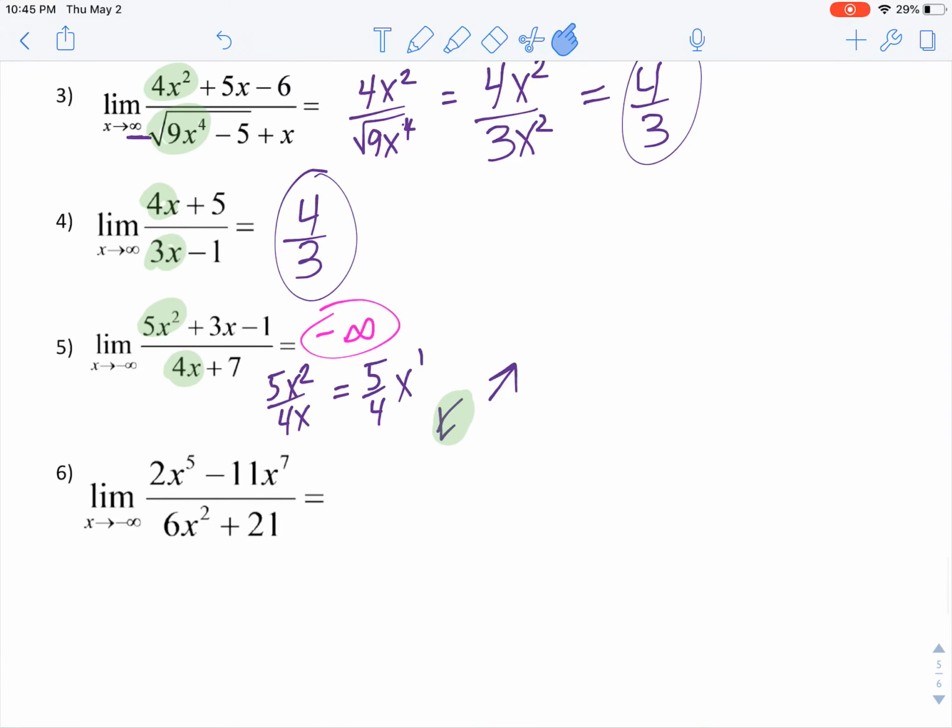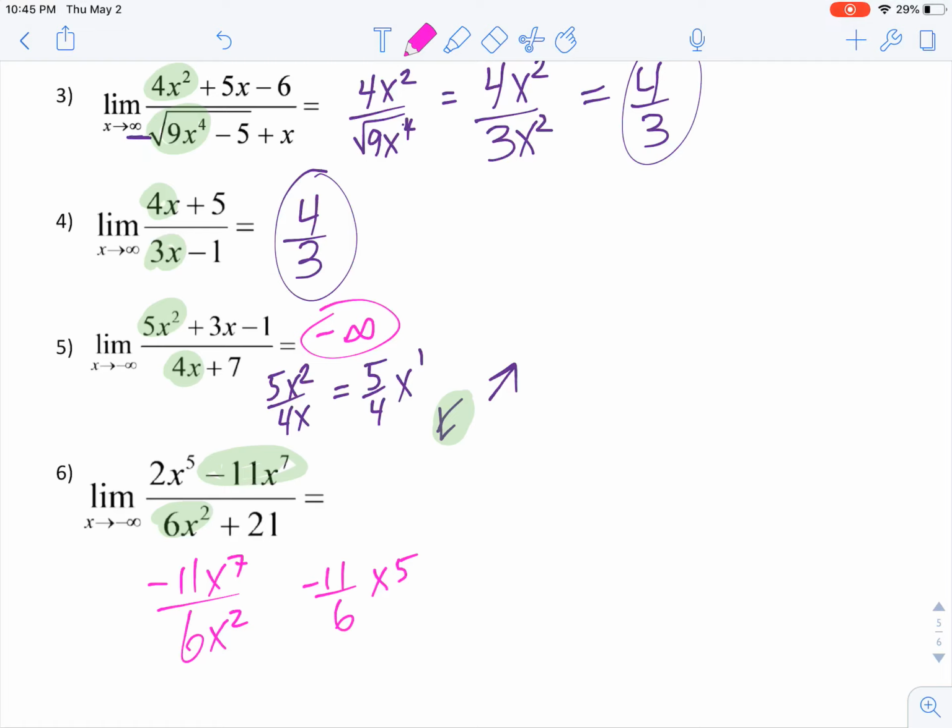All right, and the last one. Again, look at our largest degree in our numerator, negative 11x to the 7th, over 6x squared. All right, let's write that out over 6x squared. Okay, so that reduces to negative 11/6 x to the 5th.